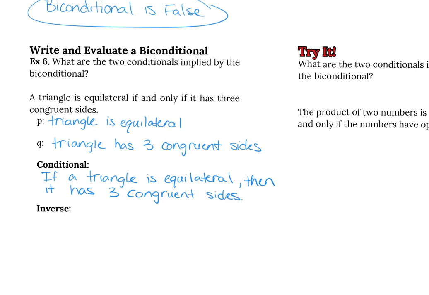So our converse, we flip these. If a triangle has three congruent sides, then it is equilateral.